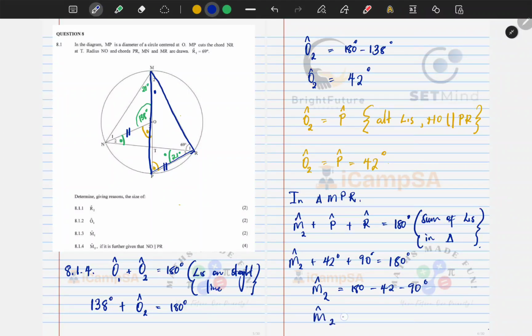If you punch this on your calculator, what answer are we getting? We should be getting 46, oh no, it should be 48 degrees. Perfect. So now we already have M2. This is how we find M2.